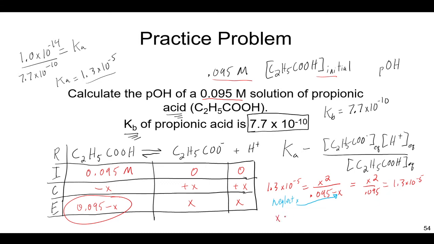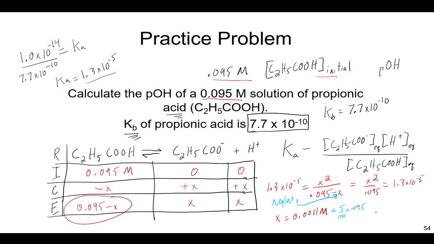My x value I'll get as a result here is 0.0011 molar. Is that less than 5%? Checking our assumption here, I'll do this in blue. Is this less than 5% of the original?